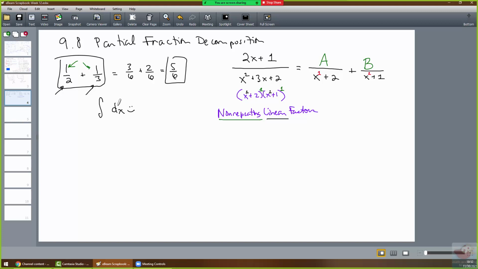Your next step is to multiply everything by the LCD, which is x plus 2 times x plus 1. So in other words, we're going to clear out all of the fractions.